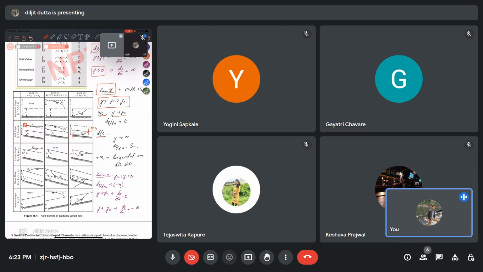And as we proceed, suppose y tends to infinity, that is y is extremely greater than yn. In that case yn by y will tend to 0, and also c by y will tend to 0.